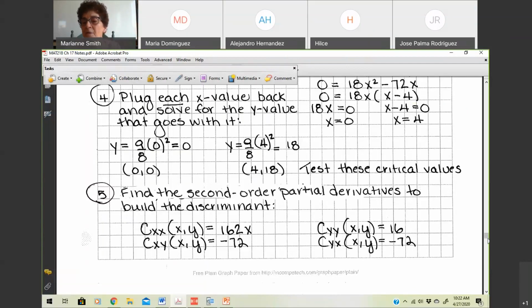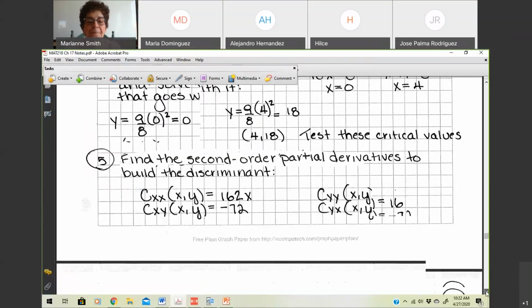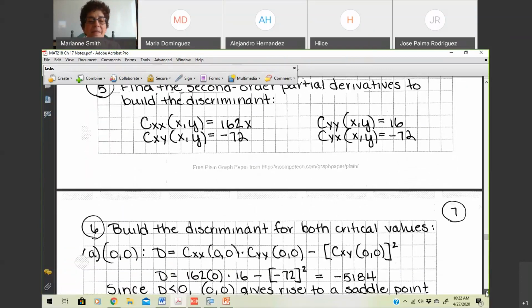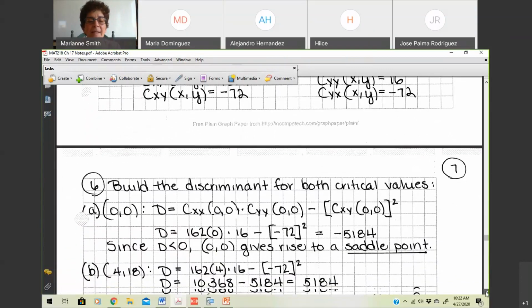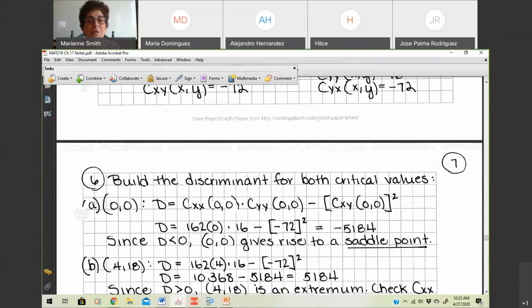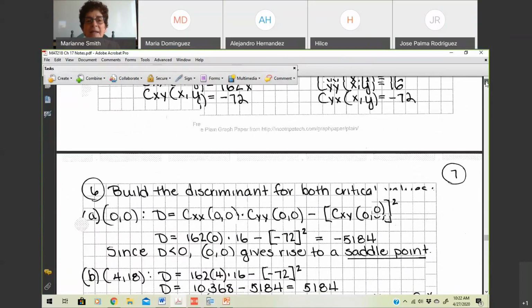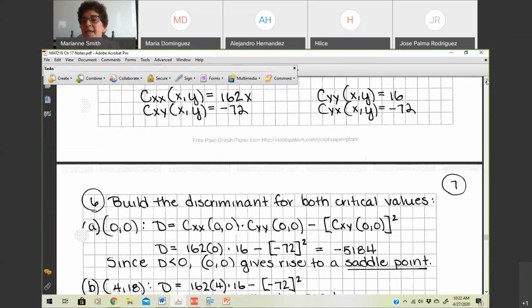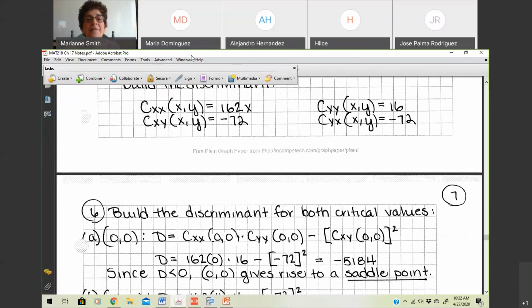Let's watch how I do that. I'm building the discriminant for both critical values. Here it is for the first critical value, 0, 0. Remember, I can only plug it in where I have an x. If you take a look, my second partial with respect to x has room for me to plug in the 0.